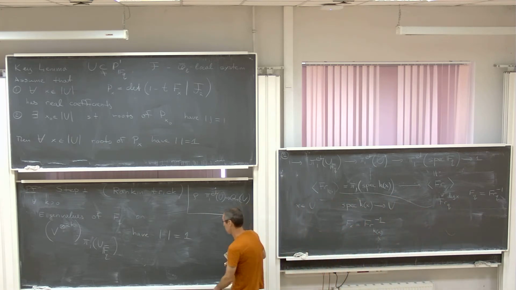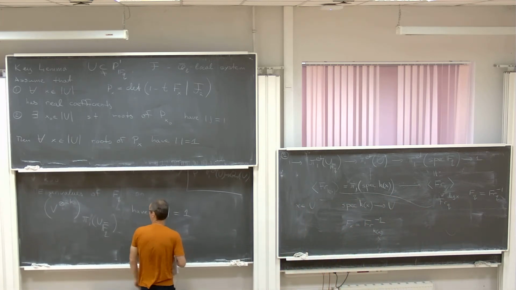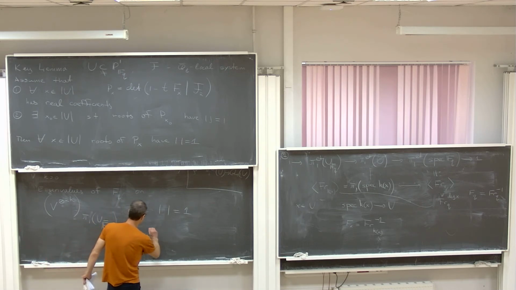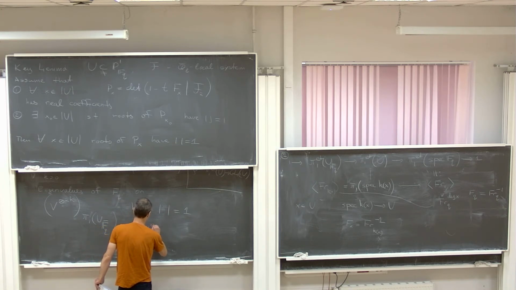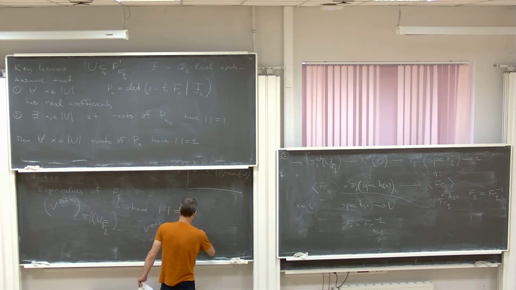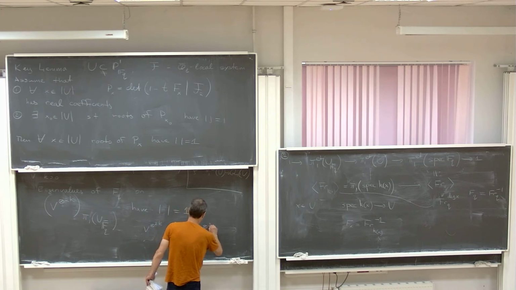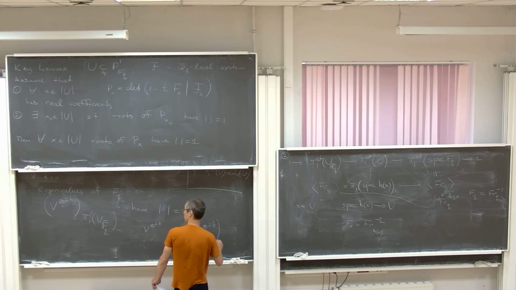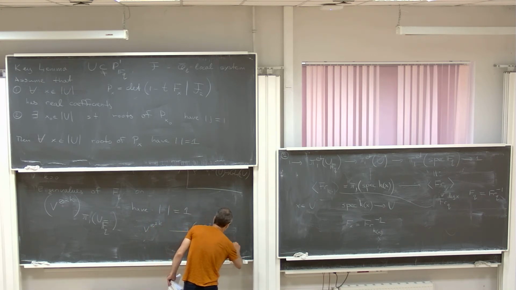This is a very easy statement, because you have a morphism of vector spaces, and here I take coinvariants by the geometric fundamental group.